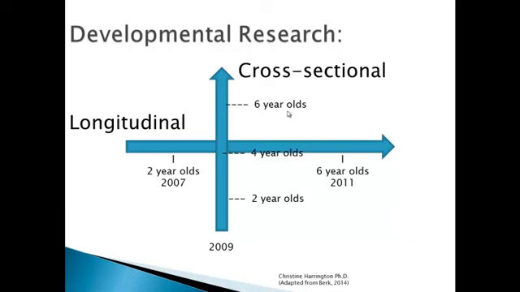So the data may not be perfect or really accurate, because there may be something different or unique about the group of 6-year-olds than that group of 2-year-olds. So we're really comparing apples to oranges in a sense, because they're not the same students.